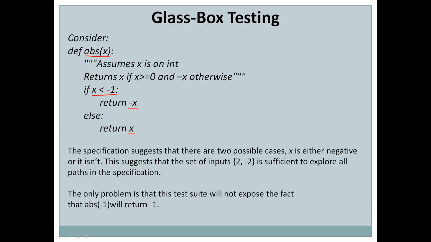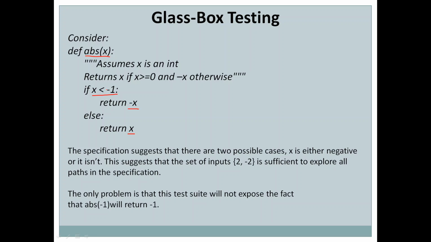Okay, if I have to test this function by using the white box testing technique, I have to first construct the test suite. Now, as it is said, in white box testing we have to construct a test suite which exercises or explores all the paths in the code. Now, if you look at this particular function, how many different paths exist in this code?